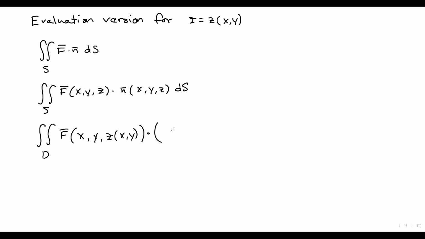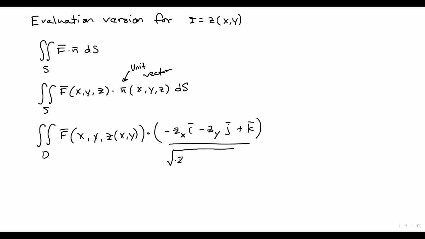So this is negative z differentiated with respect to x i minus z differentiated with respect to y j plus k. That's our definition of n from earlier in this video. And now, because it's supposed to be a unit vector, we're going to divide by the square root of z differentiated with respect to x squared plus z differentiated with respect to y squared plus 1.